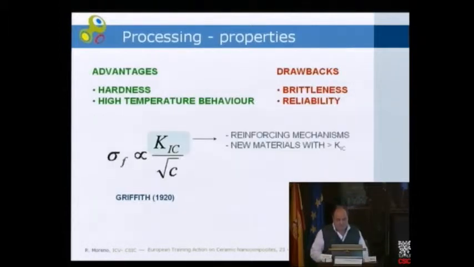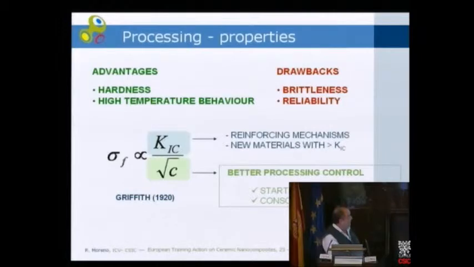So, to improve material properties, we need to look for materials with higher K1C, or look for reinforcing mechanisms able to compensate these problems.